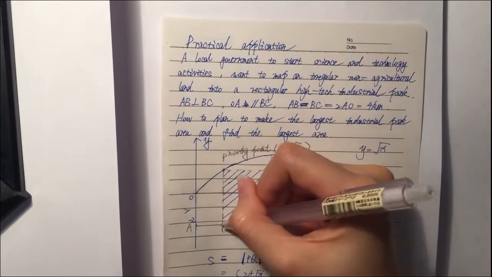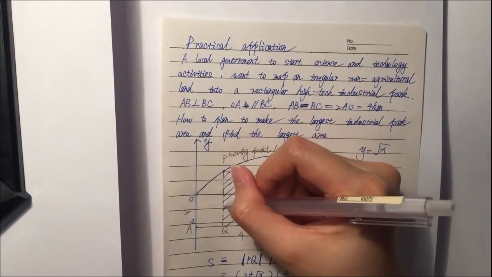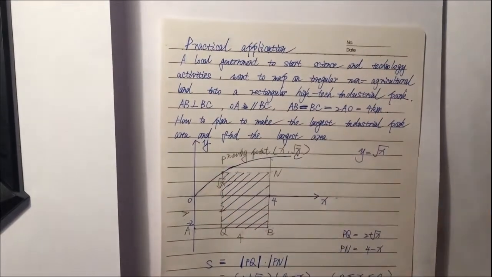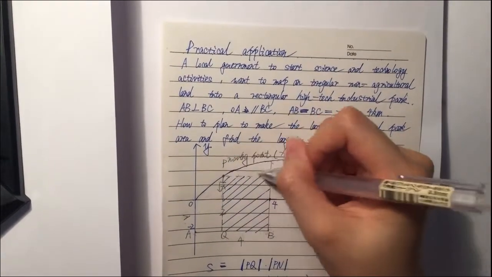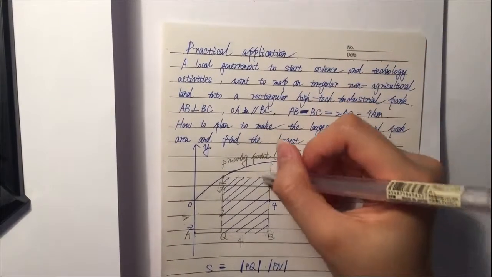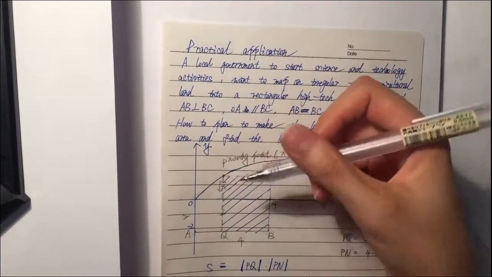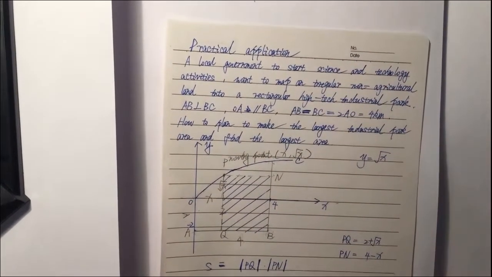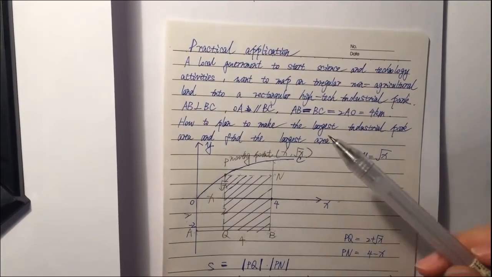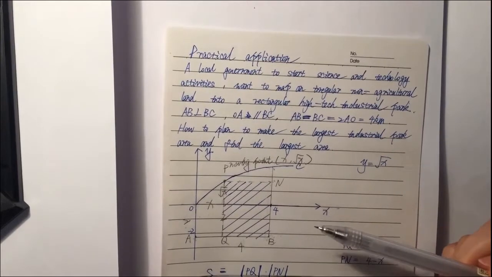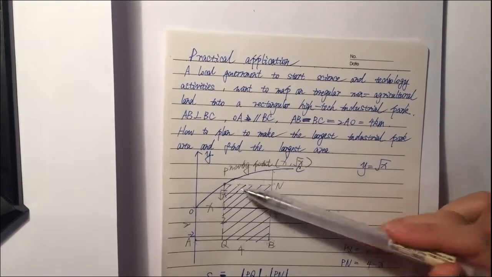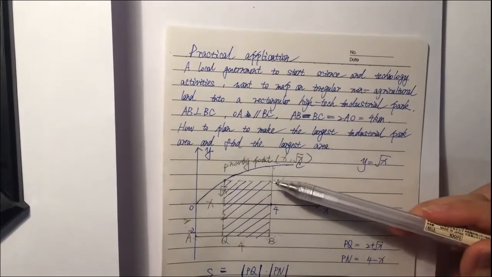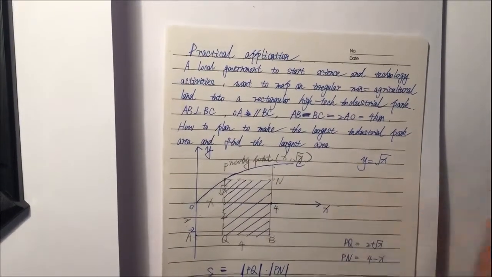Here PQ includes 2, and here is the root x, and here PN equals 4 minus x. The government wants to find the largest industry park area, which is PQBN. So how could we get the largest area here?